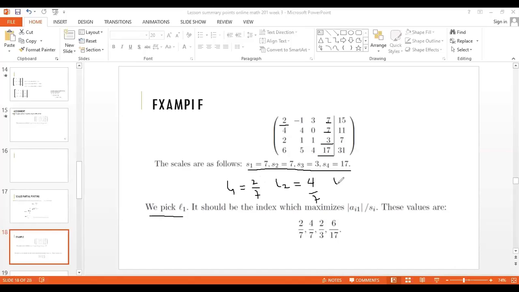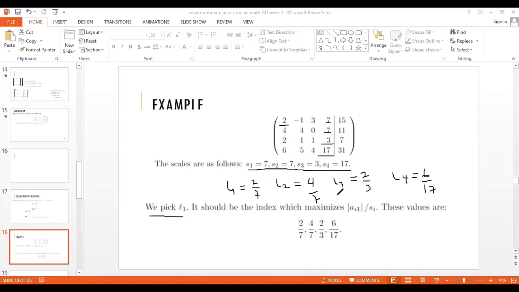L3 is the absolute of the leading coefficient, which is 2 over the maximum value there, which is 3. And then L4 is what? Leading coefficient is 6 over 17.